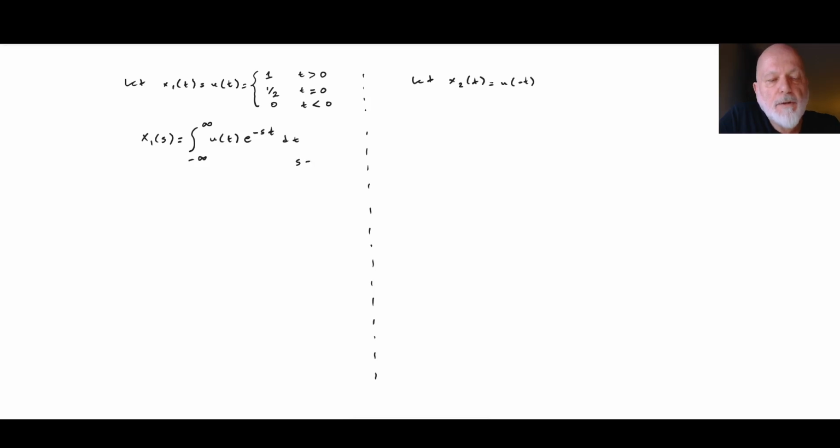Here s is our complex variable sigma plus j omega, and similarly x2 of s is from minus infinity to plus infinity u of minus t e to minus st integrated with respect to t. Again, s is the complex variable sigma plus j omega.